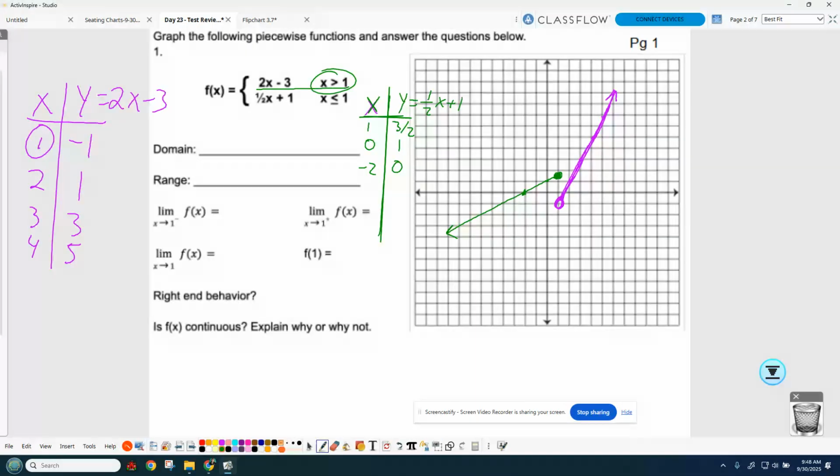And then with geometry is really how I did this. From that coordinate, go up the slope amount, up 2 over 1, up 2 over 1. For the other side, starting at 1, 0, and why did I go to negative 2 instead of negative 1?